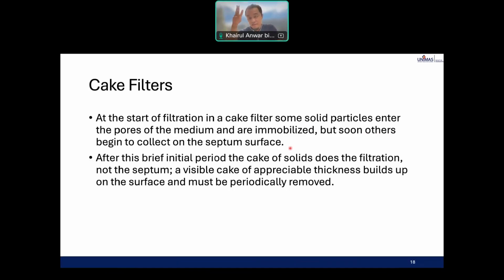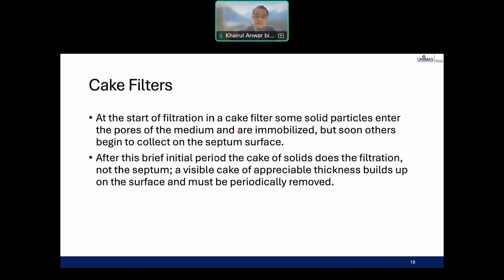Since the cake filter is good because it can assist to remove the pollutant, but the flux, the rate of the fluid passing through the two types of filter, will be slower. Meaning you can collect product slower than without the cake filter or without the secondary filter.